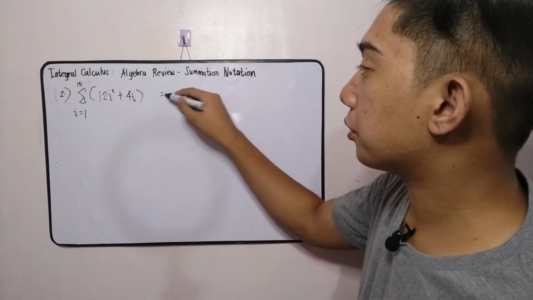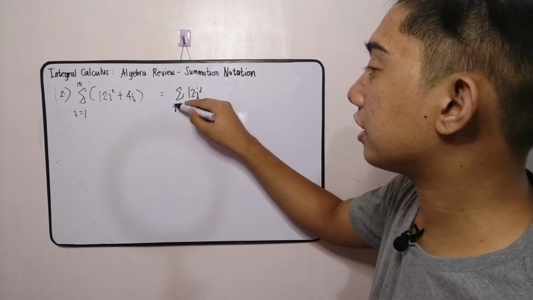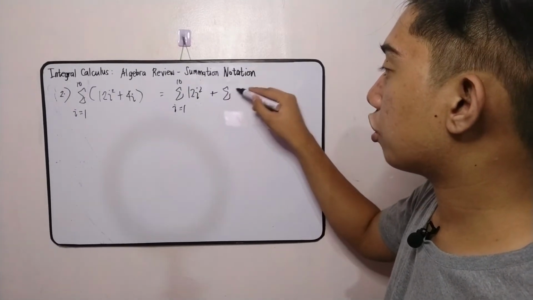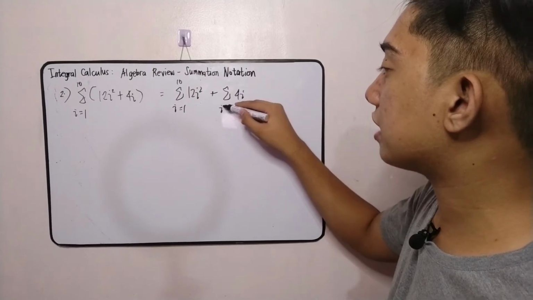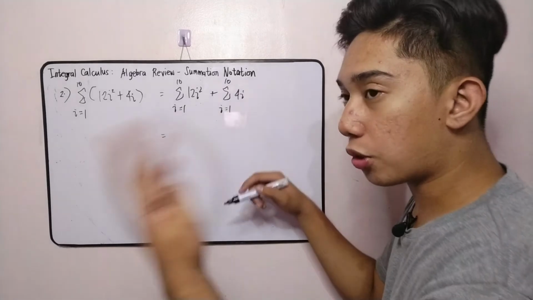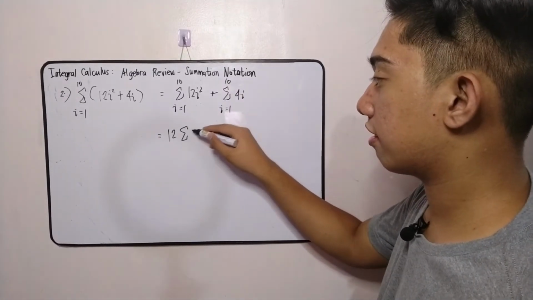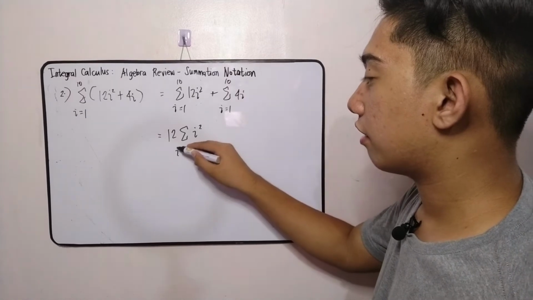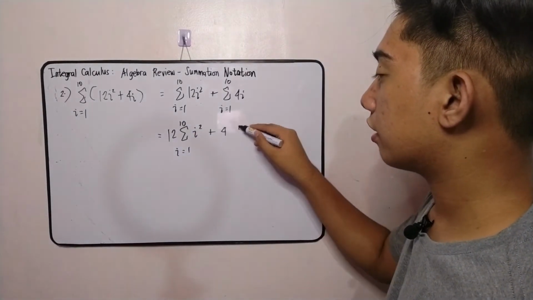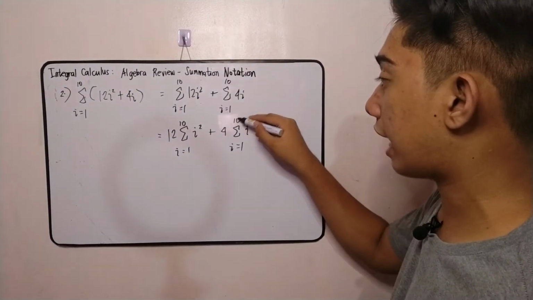So this becomes the summation of 12i squared from i equals 1 to 10, plus the summation of 4i from i equals 1 to 10. The next is, again, following rules. So this becomes 12 times the summation of i squared from i equals 1 to 10, plus 4 times the summation of i from i equals 1 to 10.